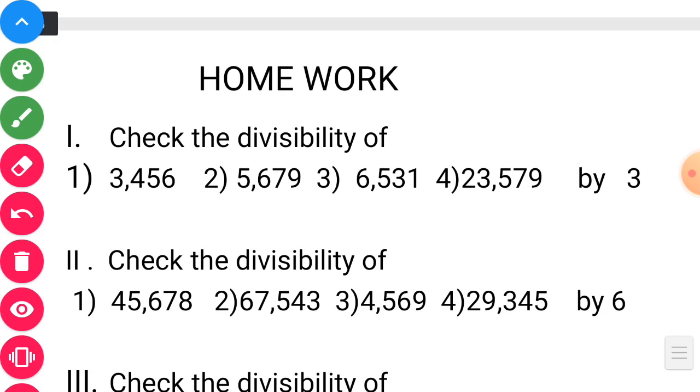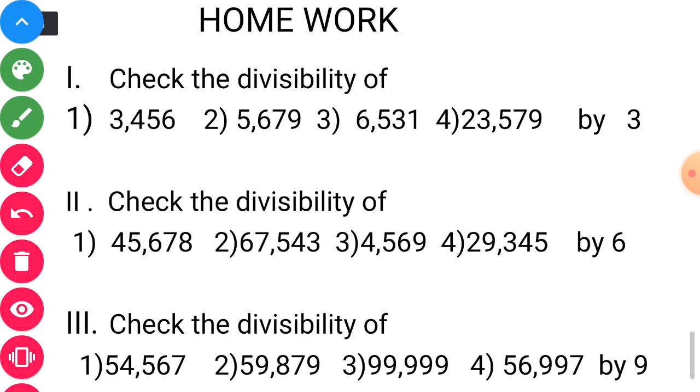Homework questions, you have to solve these in your fair note only with the heading homework questions. Here four questions related to by 3, by 6 and by 9 are given. You have to solve them, understand this, and practice this.